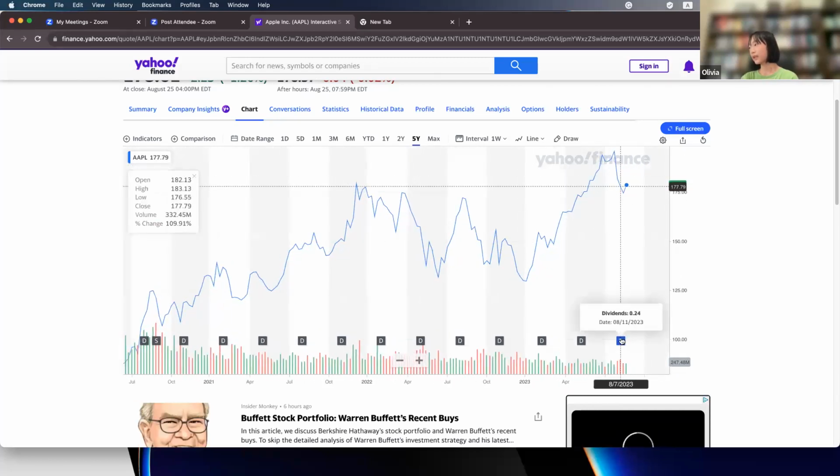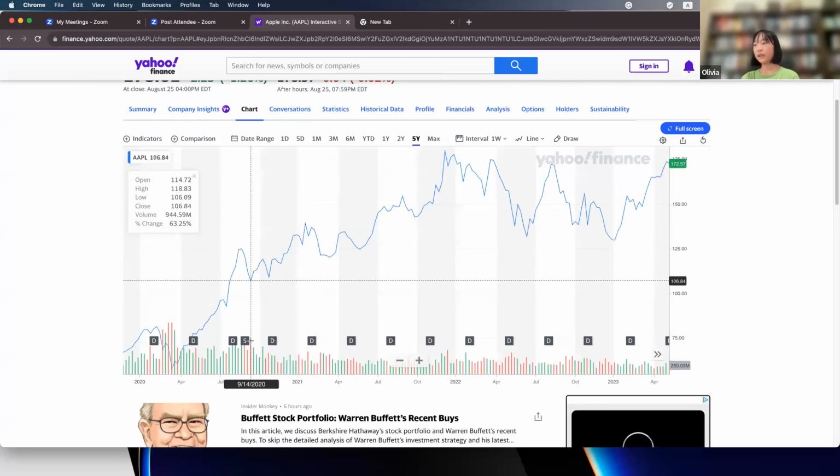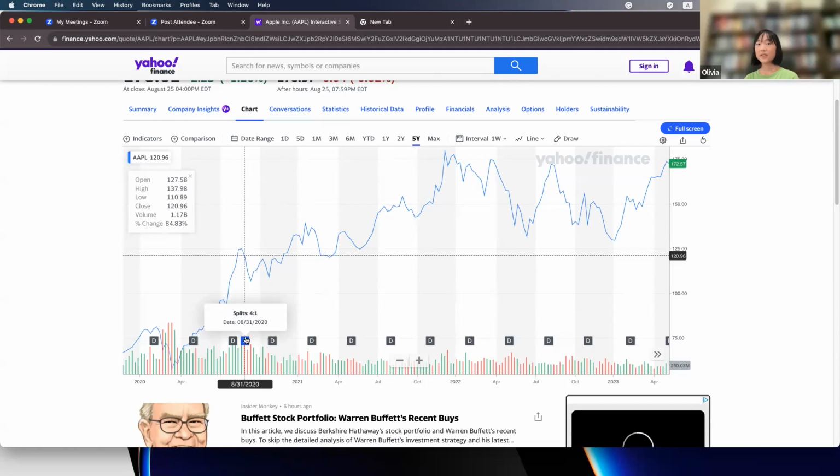So here you can see that on August 11th, it gave out 24 cents as dividends. And here, the gray boxes with the S's on them show the splits. So you may have heard of splits in a book or read about them. They're basically splitting one share into 4 smaller shares.